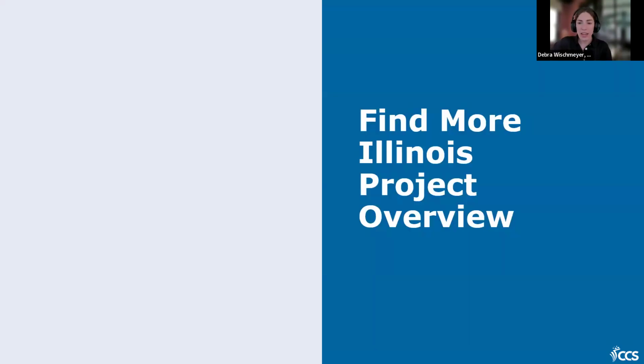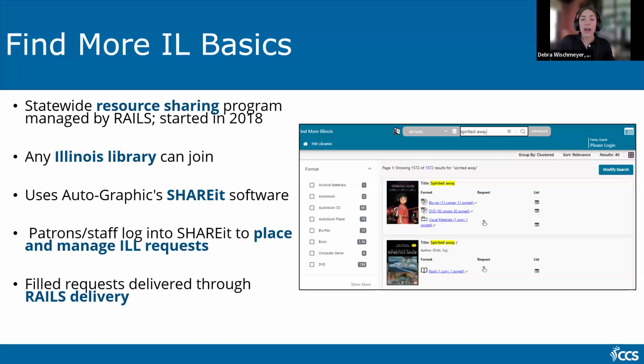So let's go ahead and review the project at a high level. I think most of you who are here are already familiar with Find More Illinois, but we'll go through the basics just in case you're not. Find More Illinois is a statewide resource sharing platform that is currently managed by Rails.